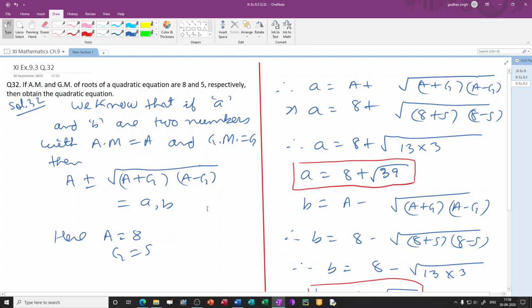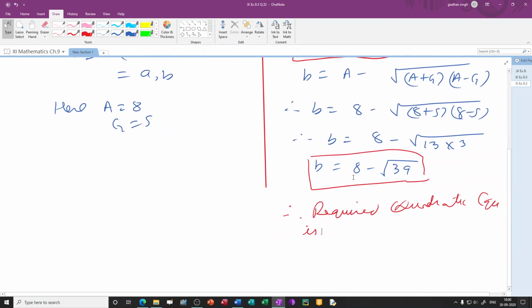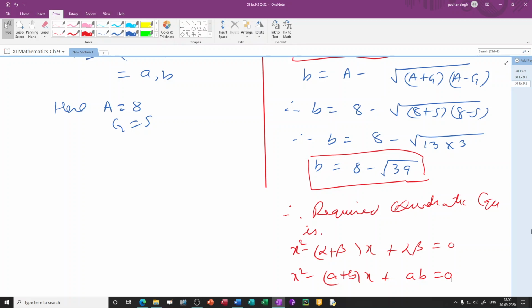That means small a and small b are the roots of the required quadratic equation, and we have already obtained them. It's now very simple to find the quadratic equation: x square minus (alpha plus beta) x plus alpha into beta equal to 0, where alpha and beta stand for the roots, that is x square minus (a plus b) x plus a into b equal to 0. Just put the values and we'll get the answer.